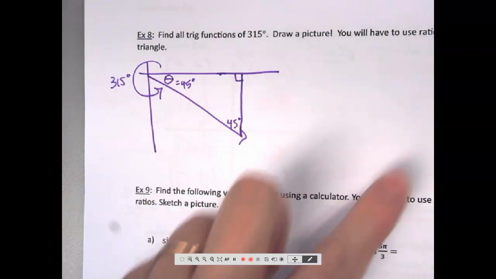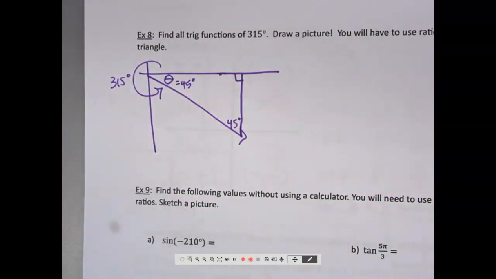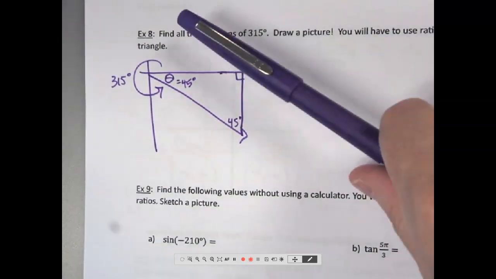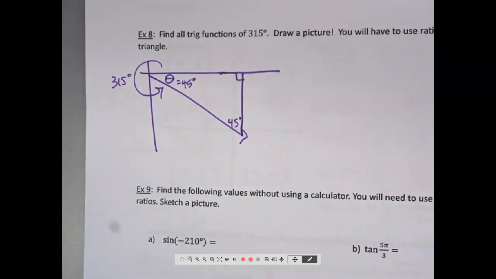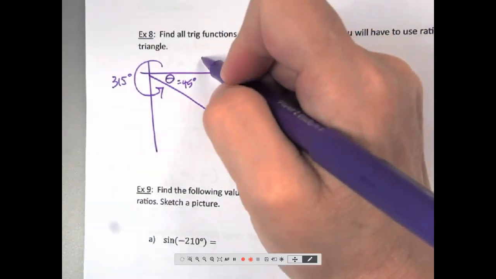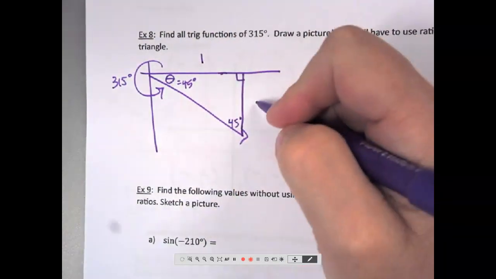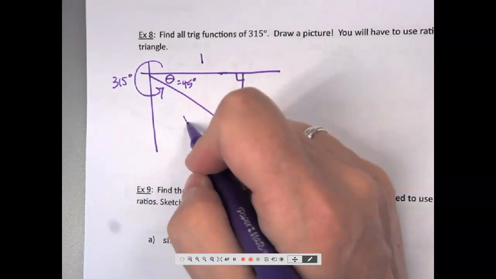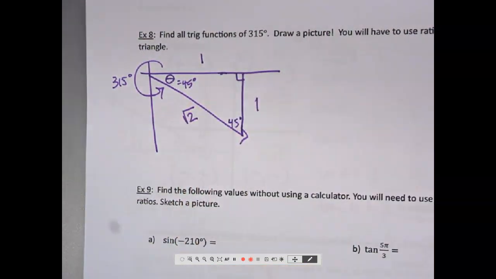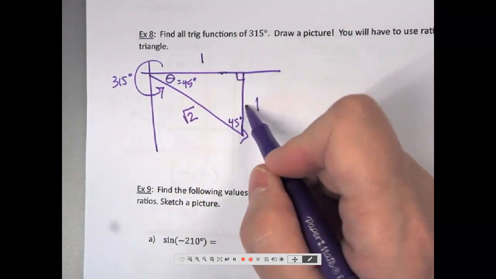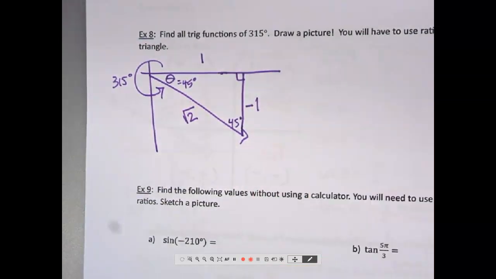Now, I didn't give you any triangle lengths like I did on the last one, so that's when we're going to use those ratios that we know. It doesn't matter what the lengths are, the ratios will be the same. So I'm going to use 1, 1, square root of 2, but I'm going to make this one a negative 1. Why? To indicate direction.